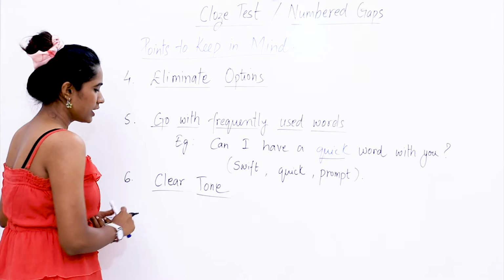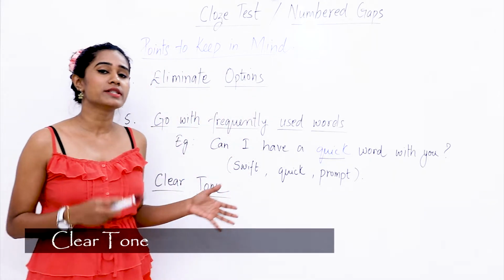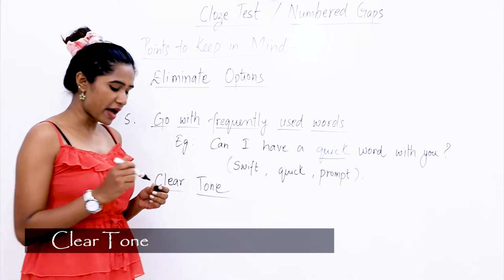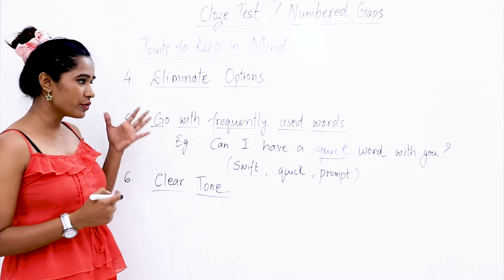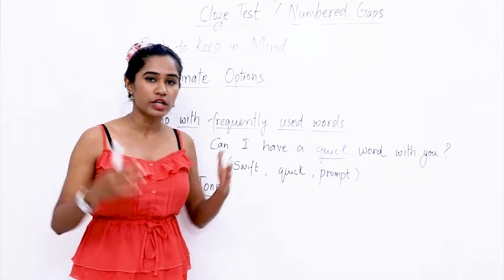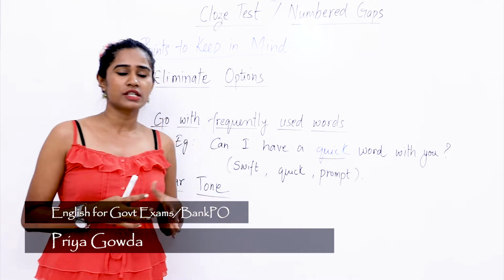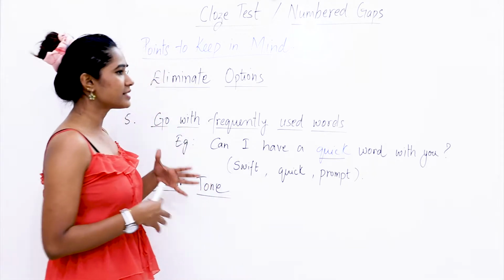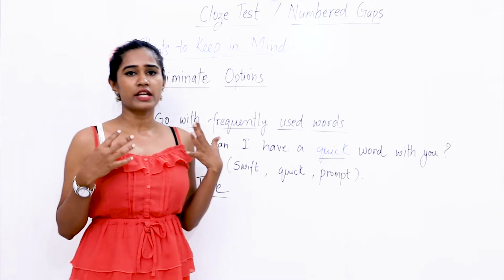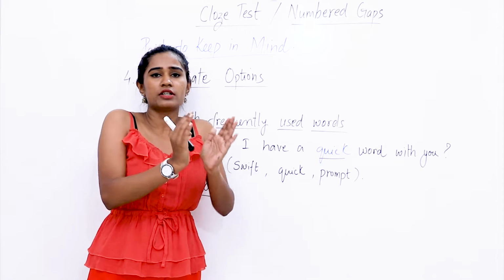Next is clear tone. What is a clear tone? In every passage, when it is being explained or written, a tone comes into your mind when you read it. Either it is descriptive, humorous, or an adventurous activity, or something written in a very appropriate, considered way.